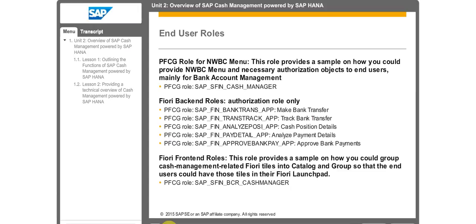In the middle we provide the list of PFCG roles corresponding to different Fiori apps, but these roles are just for authorization only. This means that if you just want to use one Fiori app, for example, make bank transfer in the cash management powered by SAP HANA environment, and you need to do some authorization check, in this case, you need to assign this PFCG role to the end user in order to do proper authorization definition for that app.